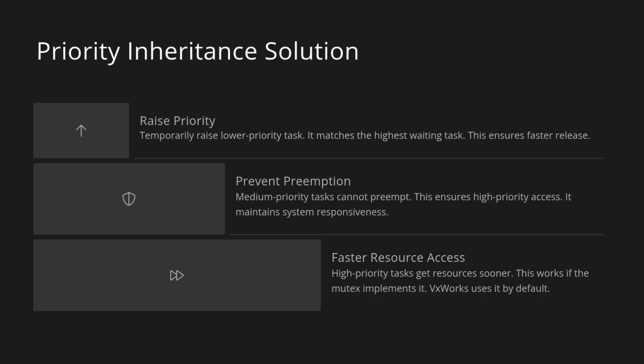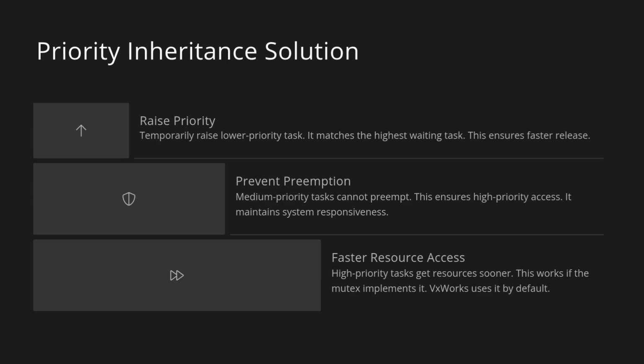Priority inheritance is a solution to the priority inversion problem. When a low priority task holds a resource and then a high priority task wants to access the same resource, the lower priority task's priority is raised to match the high priority task. This ensures that when a medium priority task wants to execute without using the resource, it cannot preempt the low priority task, as its priority has been raised to that of the high priority task.